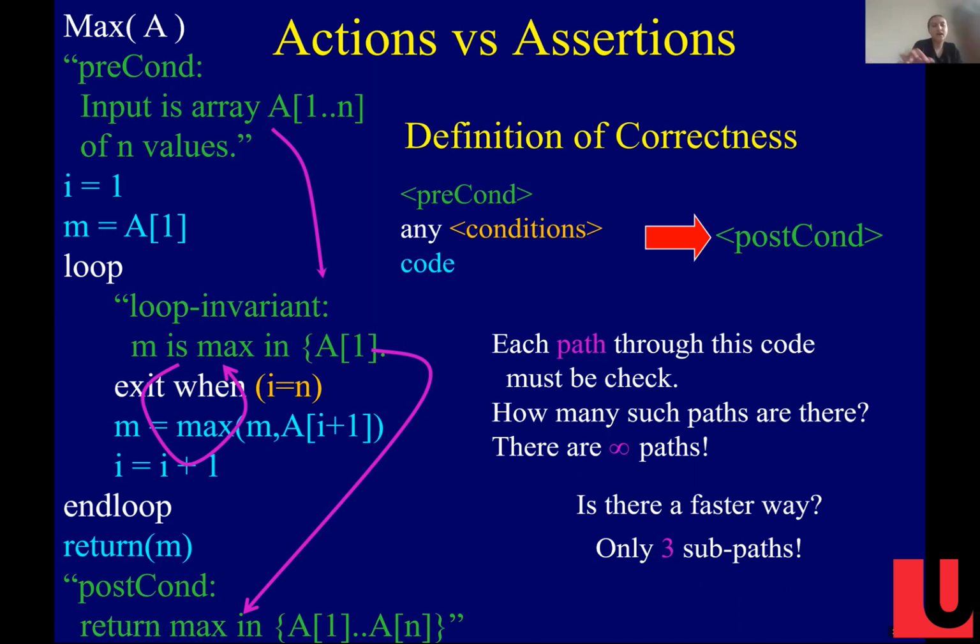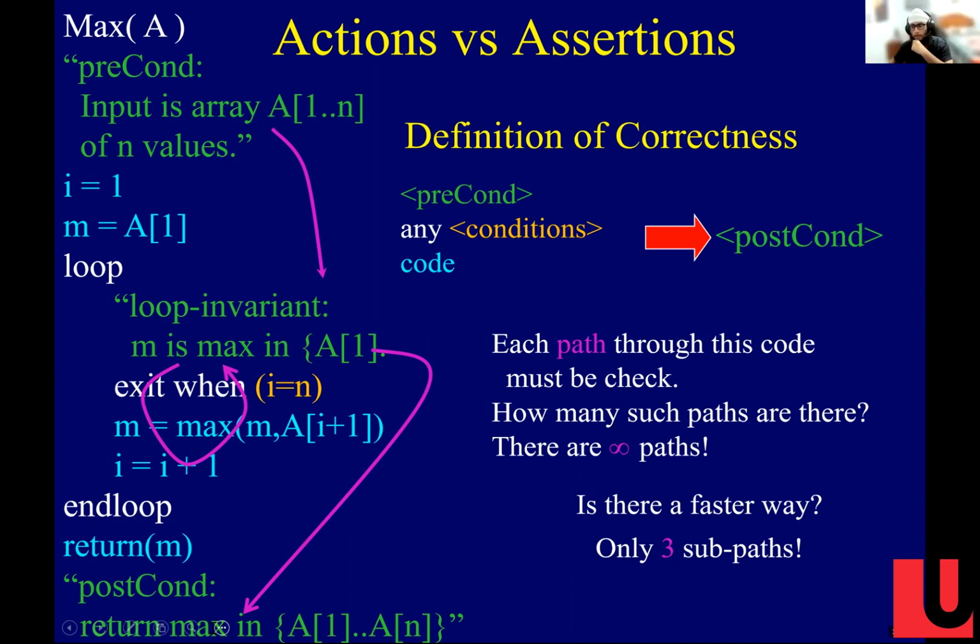So, Professor, do we have 3 paths then in this example? Yes. There's the path from here to here, the path from here to here, the path from here to here. 3 paths. And we're going to have to prove that each of those paths maintains the fact that your assertions are true.